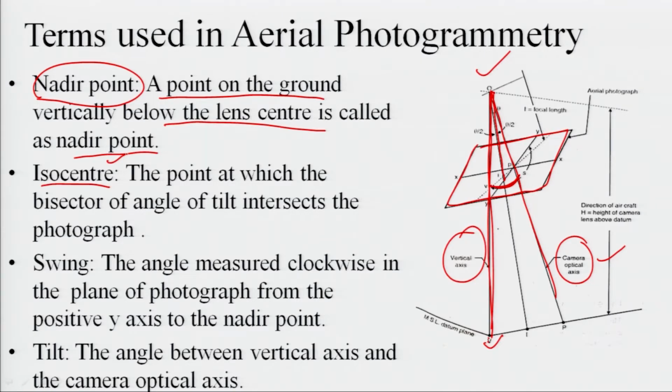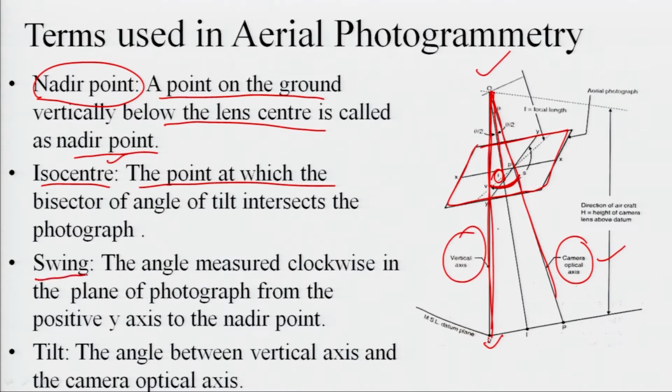Here we can say that this is the isocenter. Isocenter is again a point at which the bisector of the angle of tilt intersects the photograph.